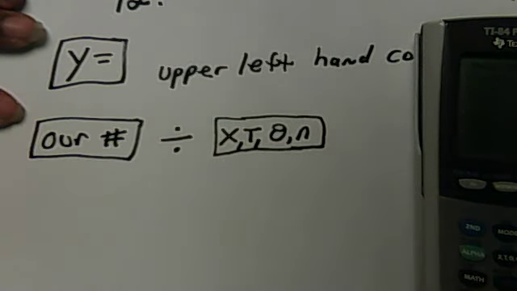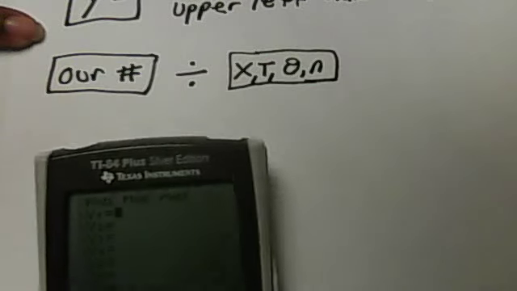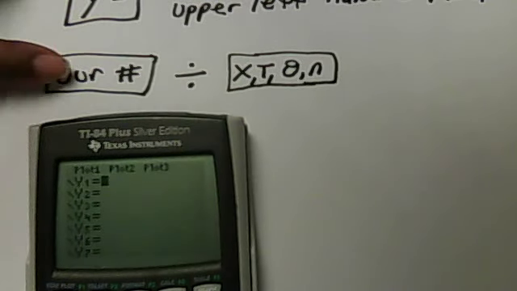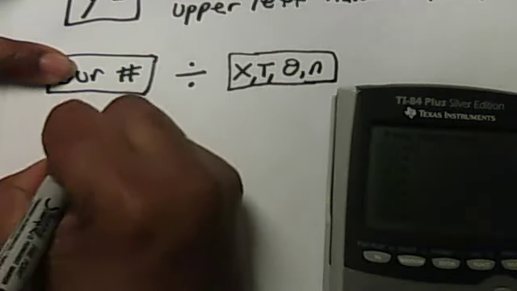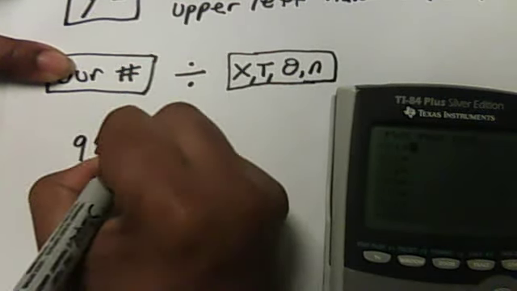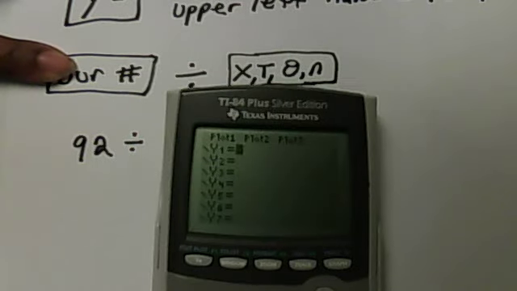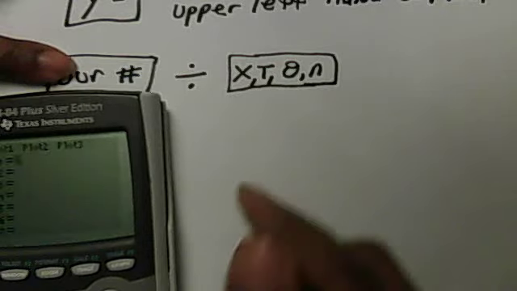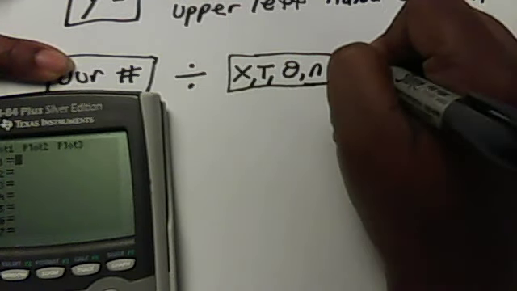I'll show you where that button is. So we're going to put in our number. In our example, our number was 92. We're going to hit the division symbol, and then this button right here. It's right under mode.